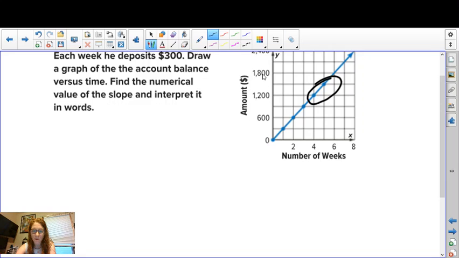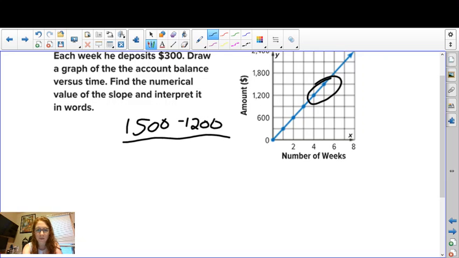So in between those two would be what? 1400? No. 300. So 1500. I can add really good this morning. So 1500 minus 1200 divided by 5 minus 4.